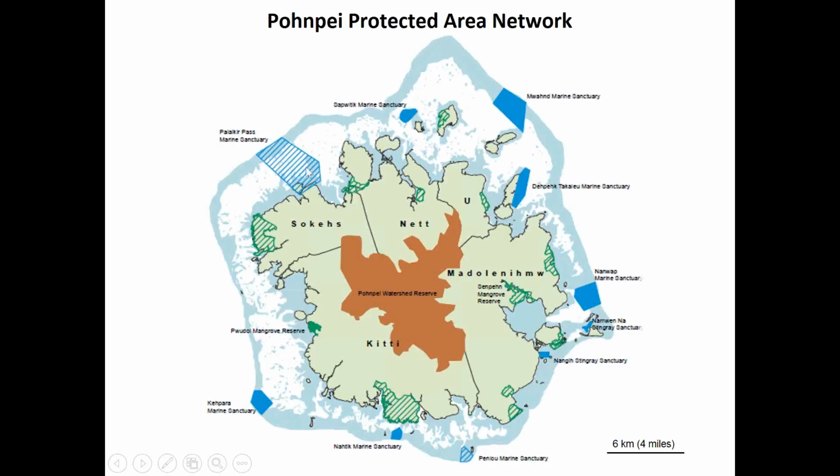In particular over here, there's an area called Palakia Pass that they were thinking about setting up a new no-take area, but they were thinking about just focusing on this little patch out here around the channel to the outer reef. So what I want to do is show you how we tailor-made our movement information for this place to help them make a better decision.